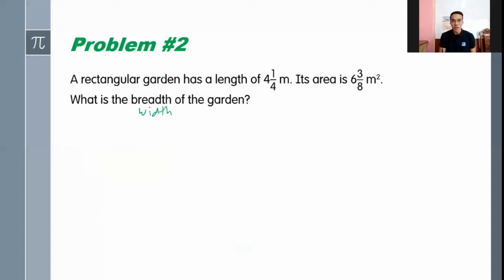In this problem, it is important to recall the formula in finding the area of a rectangle. The area of a rectangle is length times the width. If you're looking for the width, the formula is area divided by length.